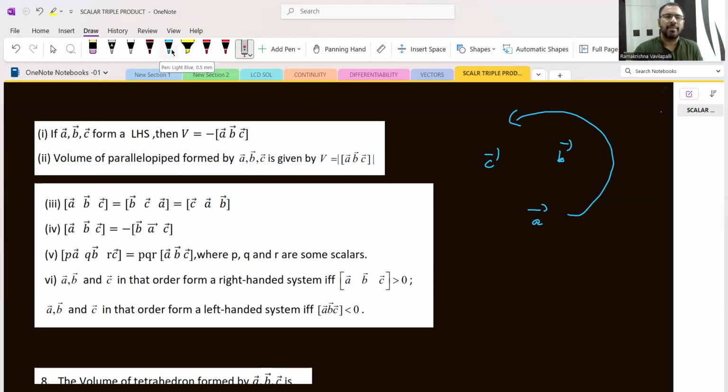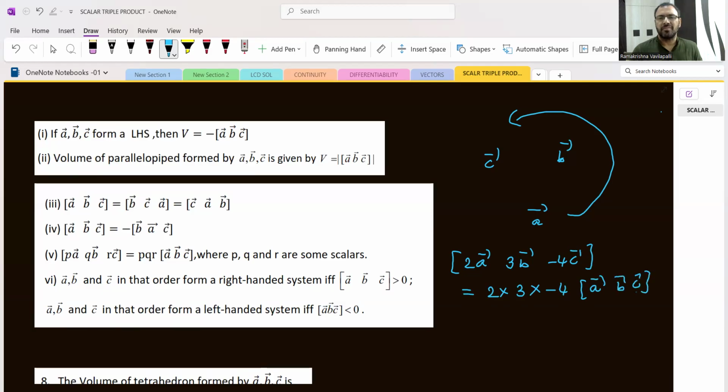For example, box of 2A bar, 3B bar, minus 4C bar is equal to 2 into 3 into minus 4 into box of ABC. That's it. So this is equal to minus 24 into box ABC.